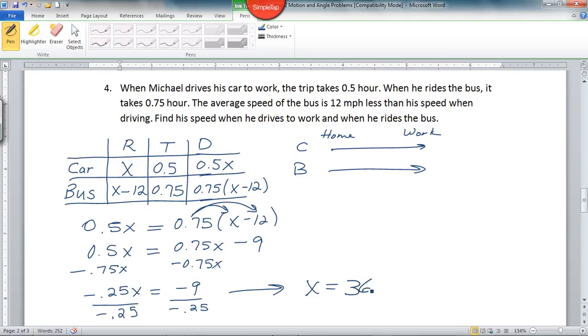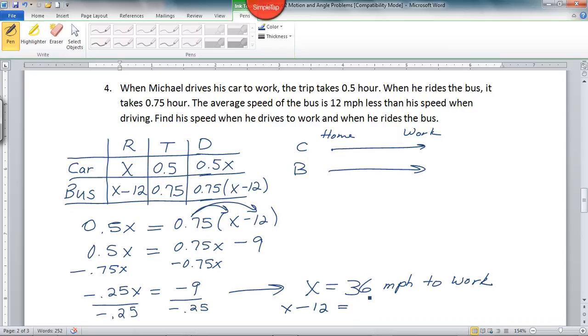So if we answer the question, find his speed when he drives to work. Well, when he drives to work it's x, so that's 36, and the rate would be miles per hour. And when he rides the bus, the rate is x minus 12.